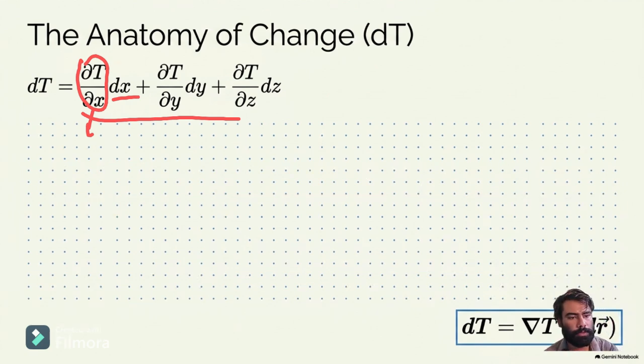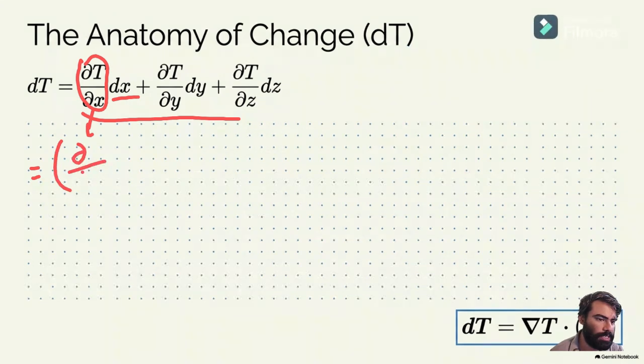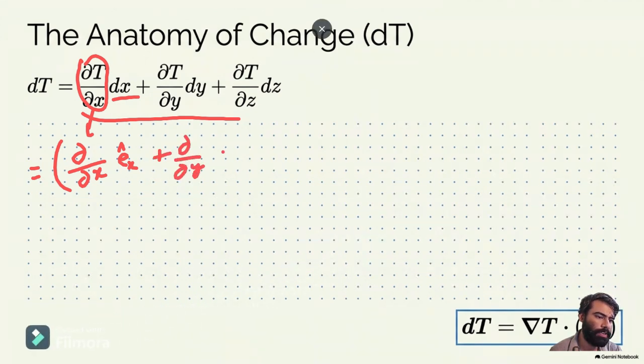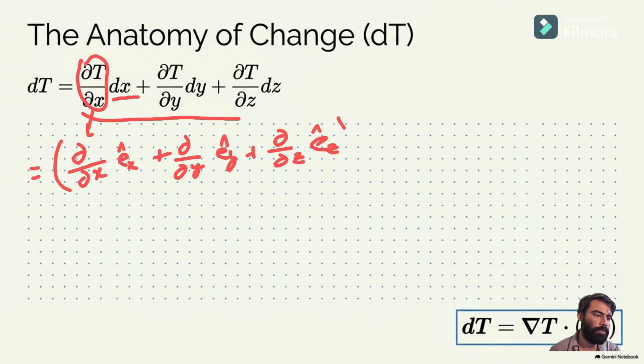Now these equations can be rewritten in a fancier form: ∂/∂x ex plus ∂/∂y ey plus ∂/∂z ez, acting on the temperature. But that is not complete.